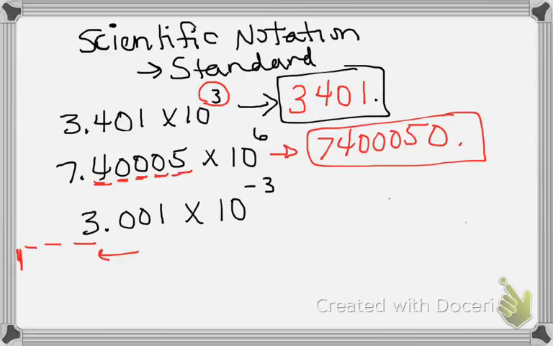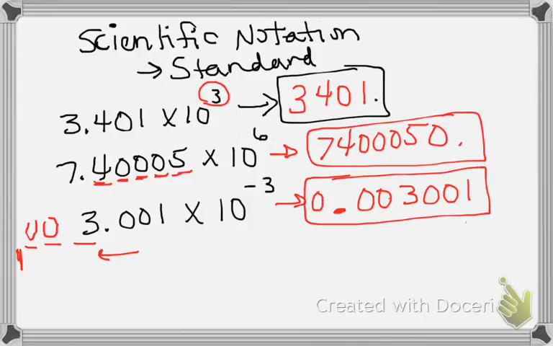So in my answer, I'm going to put a decimal. And then I've got a couple of blank spots. We're going to put zeros in here. So it'll be 0, 0, 3, 0, 0, 1, and we'll put a zero in front. Remember, this is less than 1, so my exponent should be negative, and it is. This is my standard number right here.